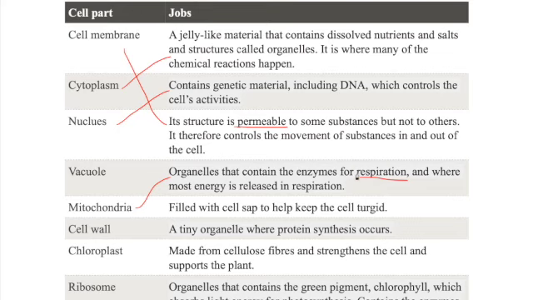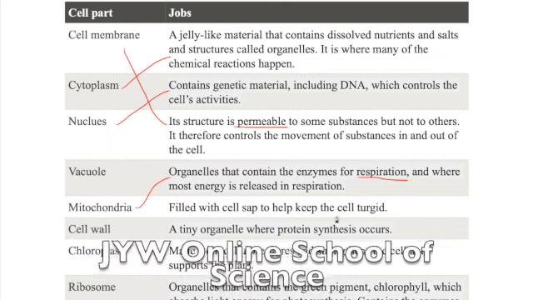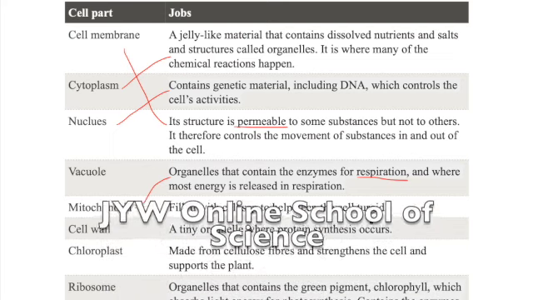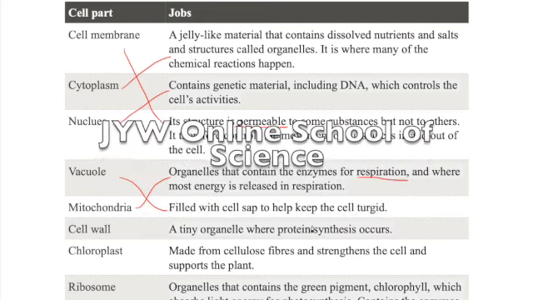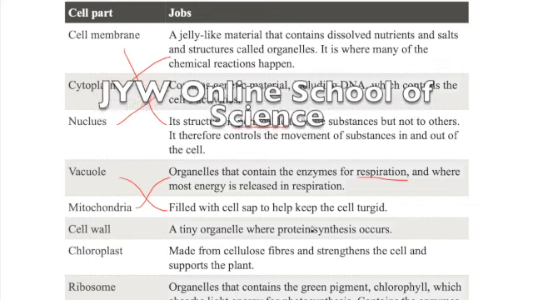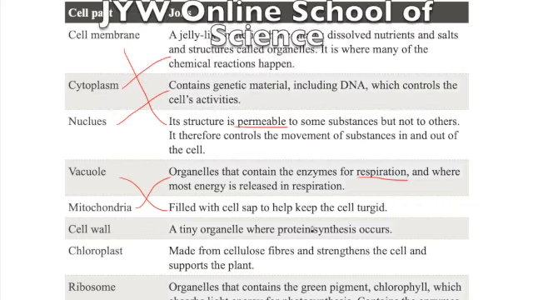Respiration is a biochemical reaction and release energy. Next one, filled with cell sap to help keep the cell turgid, and that has to be vacuole. So that is keep the cell the strong, a rigid shape.